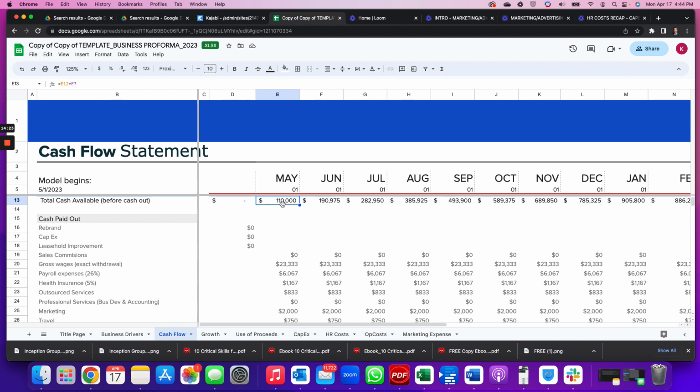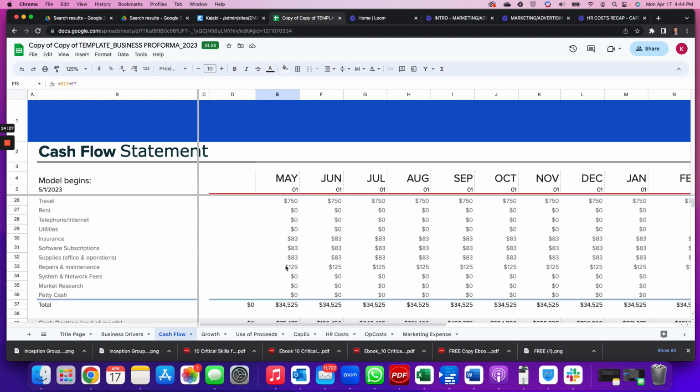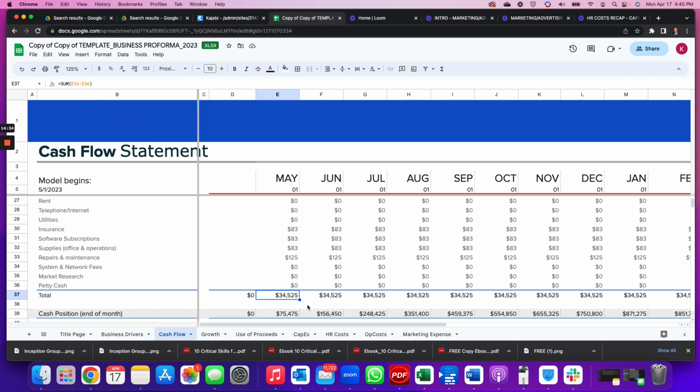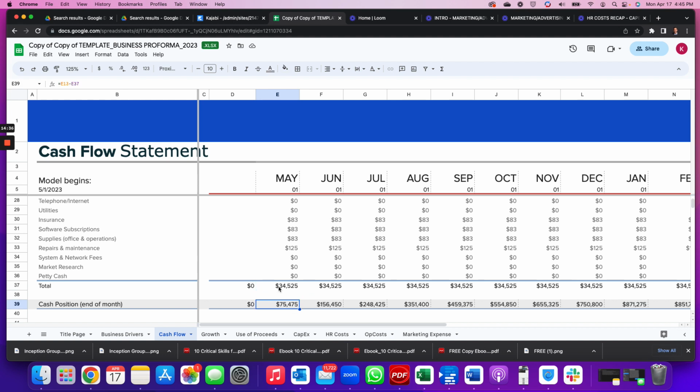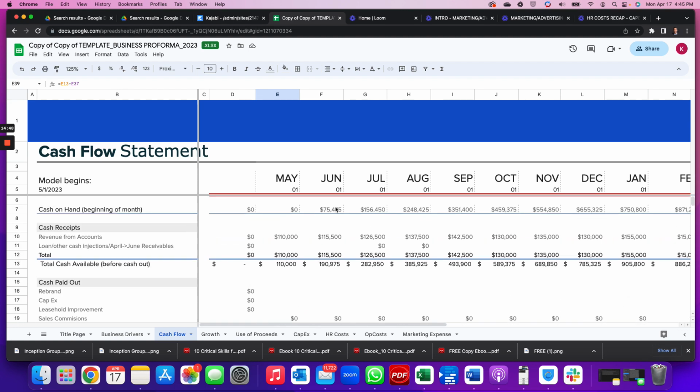Cash available before cash out, less E37, right there. Total, $34,500. So right there, cash position, how we find that is our total cash in less total cash out. That's our cash position at the end of the month and the beginning of the next month.